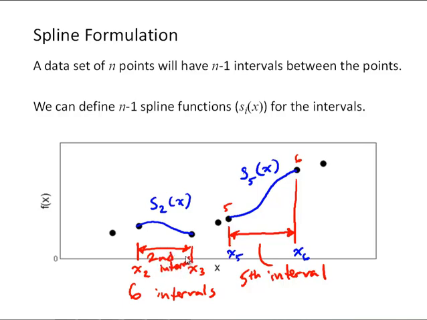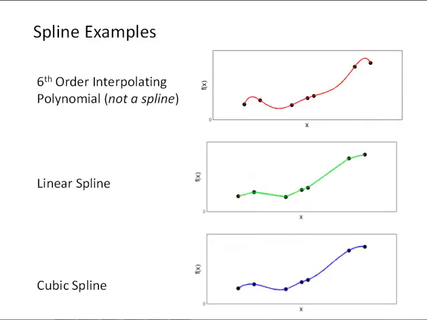So let's look at some example spline formulations. This first figure here is a 6th order interpolating polynomial. So it's not a spline, it's just a 6th order polynomial going through all 7 points. And we can see some oscillations starting to develop near the endpoints in the range.